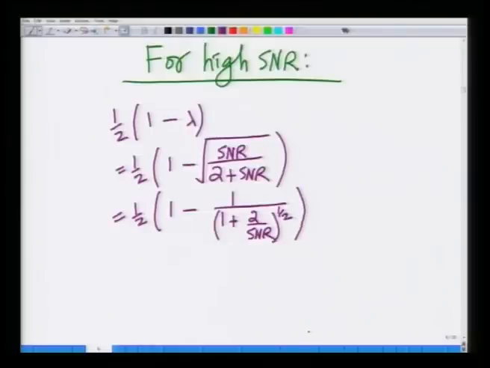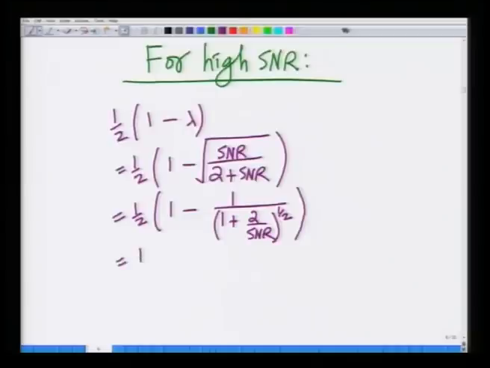Now, as SNR increases, this 2 over SNR term becomes progressively smaller, which means I can use a first order approximation.